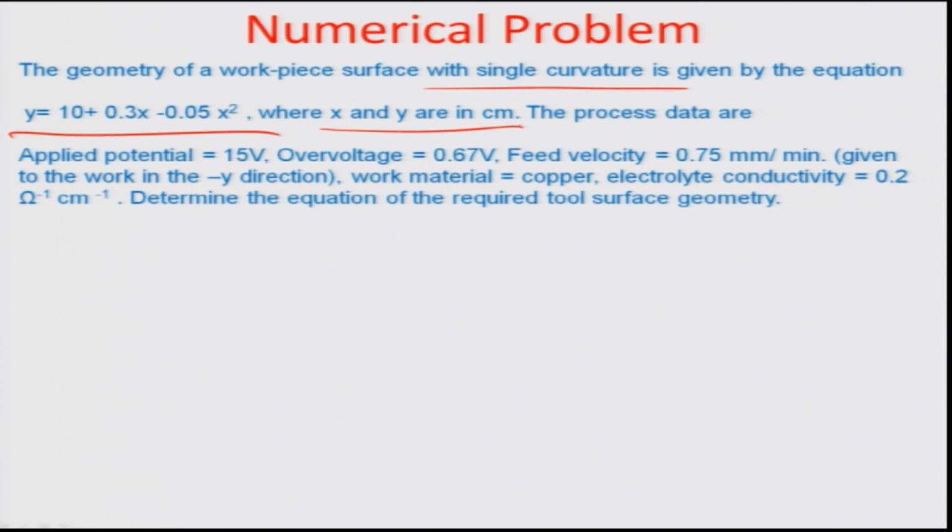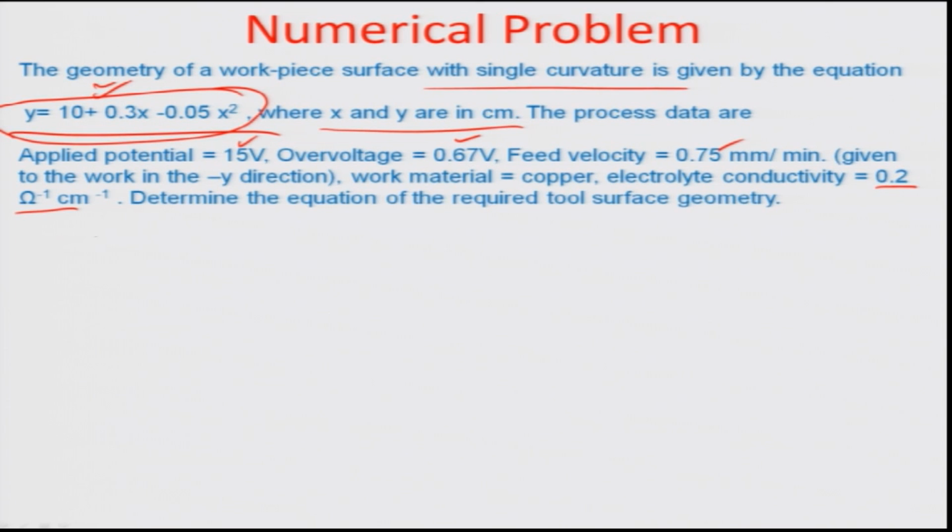The process data are that the applied potential is about 15 volts, the overvoltage is 0.67 volts, the feed velocity is 0.75 millimeter per minute given to the work in the minus y direction, the work material is copper, and the electrolyte conductivity is 0.2 per centimeter per ohm. We have to determine the equation of the required tool surface geometry when the workpiece geometry is given by this functional relationship between y and x.